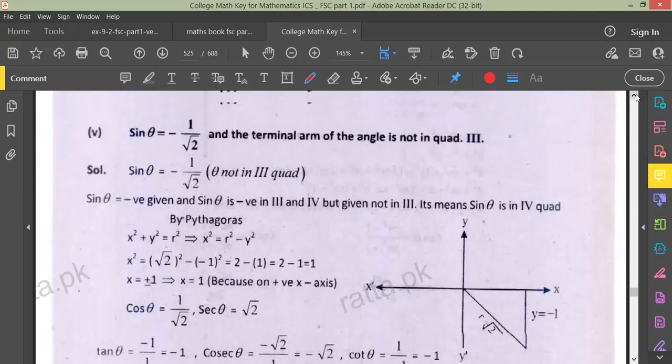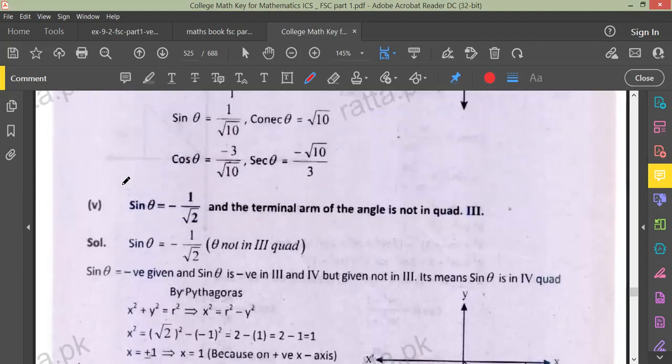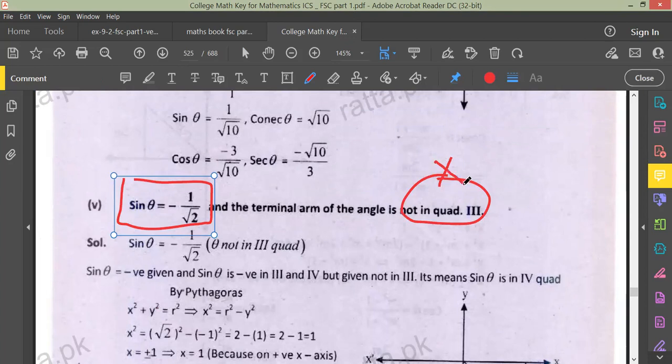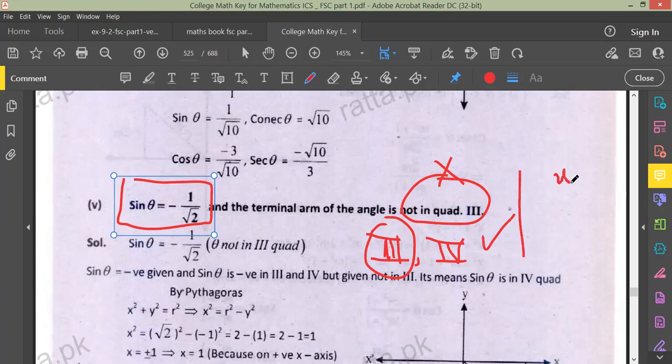If we look at the fifth part of this question, sine theta is minus 1 over square root 2, and the terminal arm of the angle is not in quadrant 3. Sine is negative in quadrant 3 and quadrant 4. So we cannot take quadrant 3, so theta will be in quadrant 4. In quadrant 4, x is positive and y is always minus.